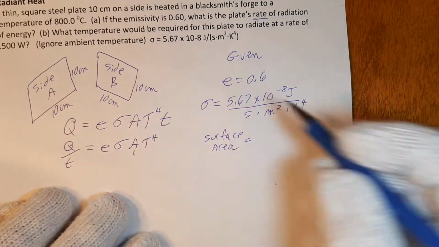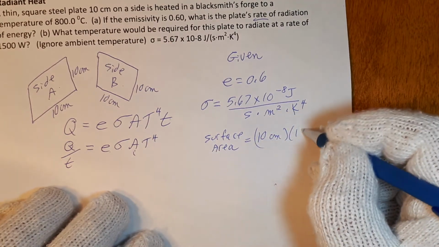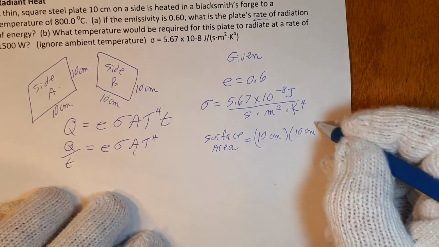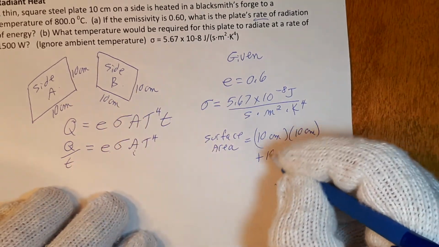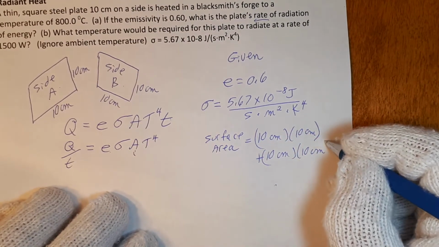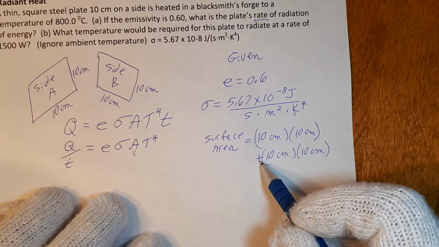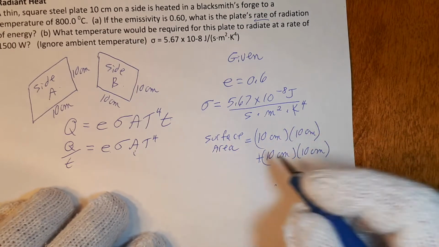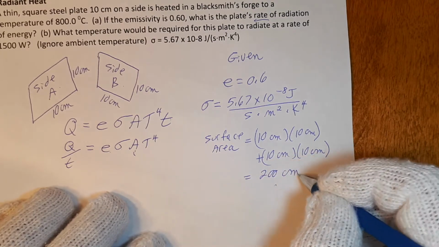So the area of side A, 10 centimeters by 10 centimeters, plus the area of side B, 10 centimeters again by 10 centimeters. Doing this multiplication and addition, the total surface area is equal to 200 centimeters squared.